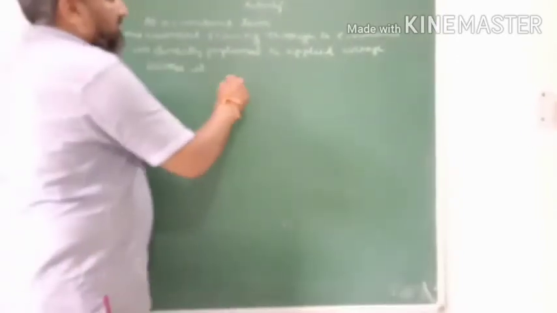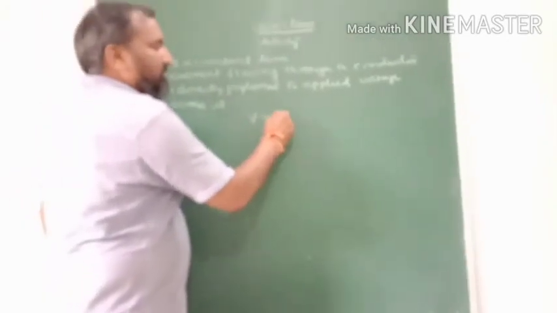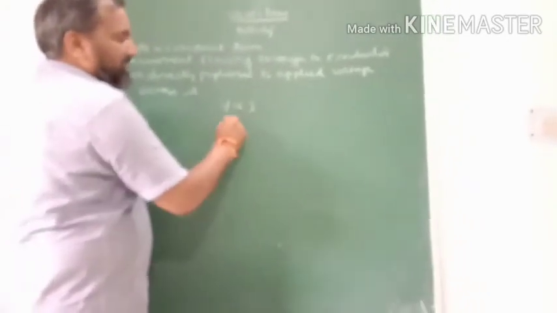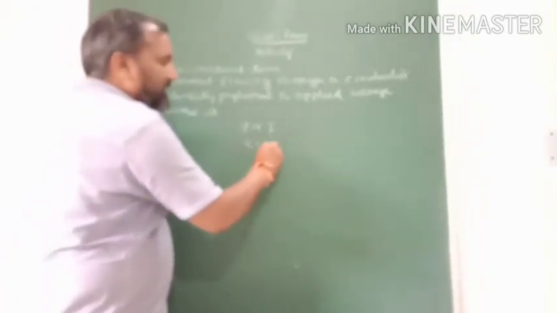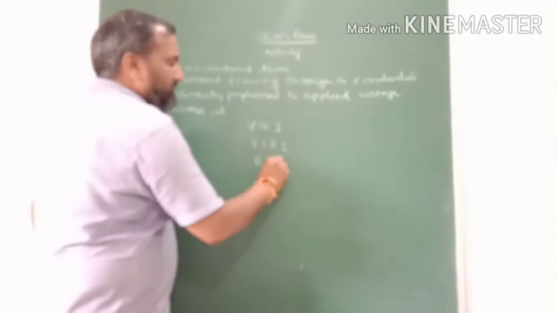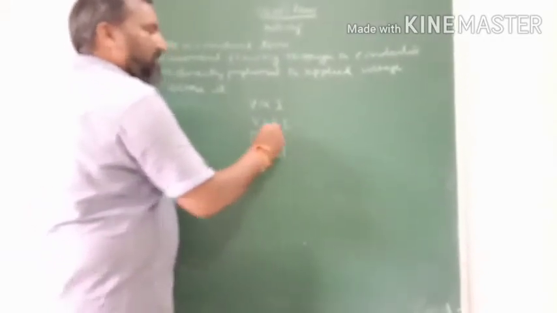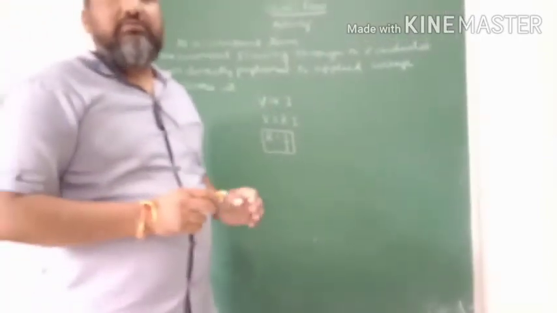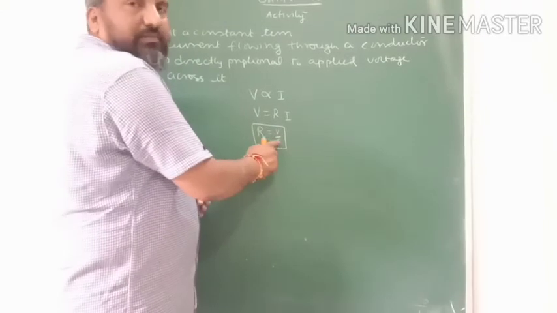That means V, the potential, is directly proportional to the current, and V is equal to proportionality constant R times I, and R is equal to V upon I.